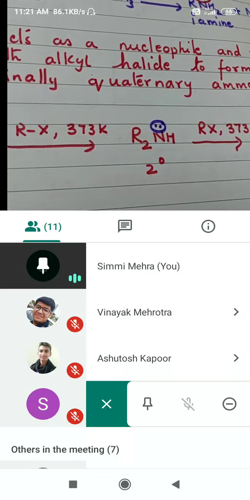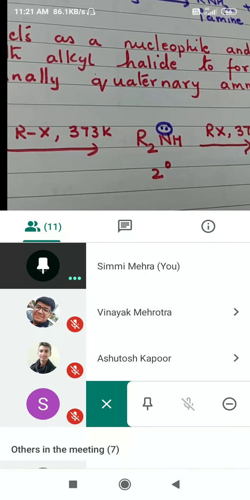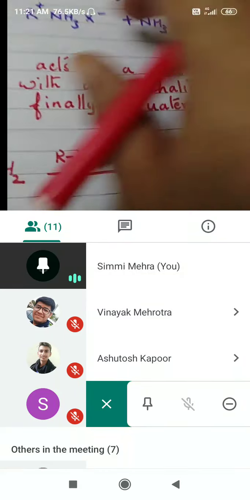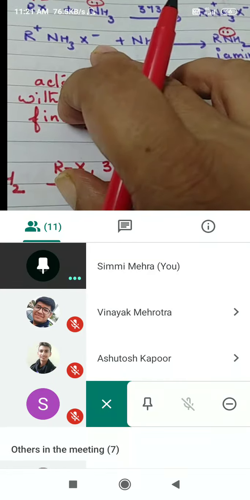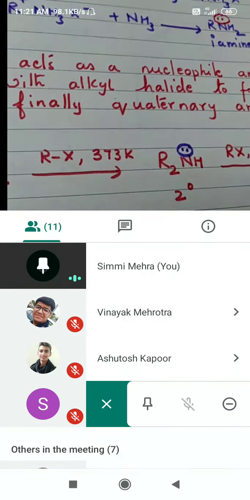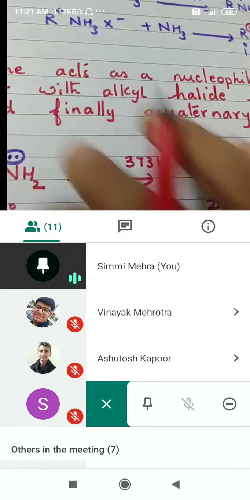What is going to be the result of this reaction? This reaction is going to produce a number of products. 1 degree, 2 degree, 3 degree, quaternary salt, all are produced.